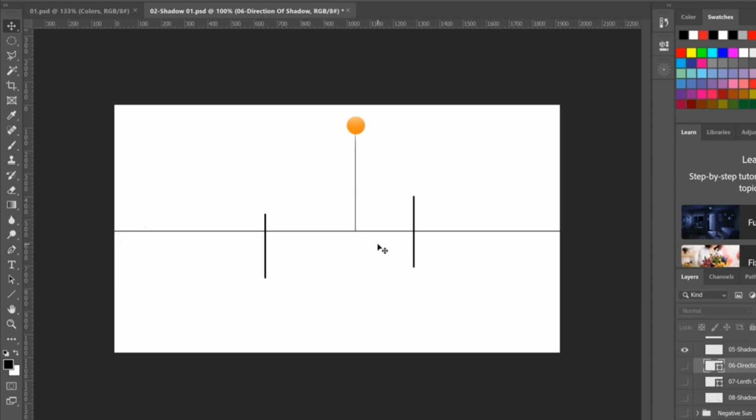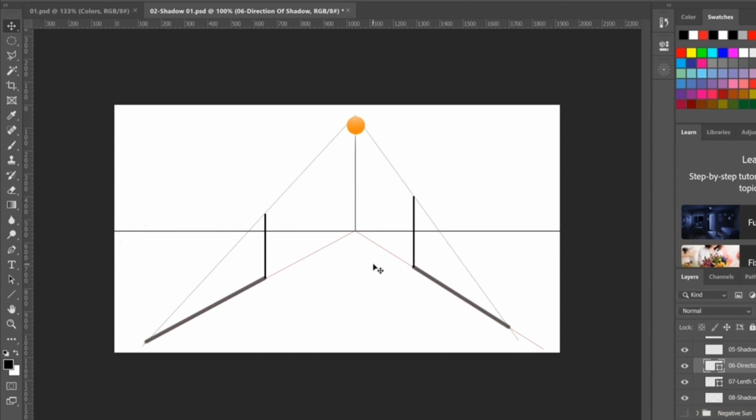The next step is to find the path of our shadow and see in what direction our shadow is going to form on the ground. Whenever we draw a line from the bottom of our object to the vanishing point, we can find the path or direction of our shadow. Well, we realize that the direction of our shadow is somewhere in these areas. And after that, we can draw a line from the head of the object towards the light source to determine the length of the shadow.